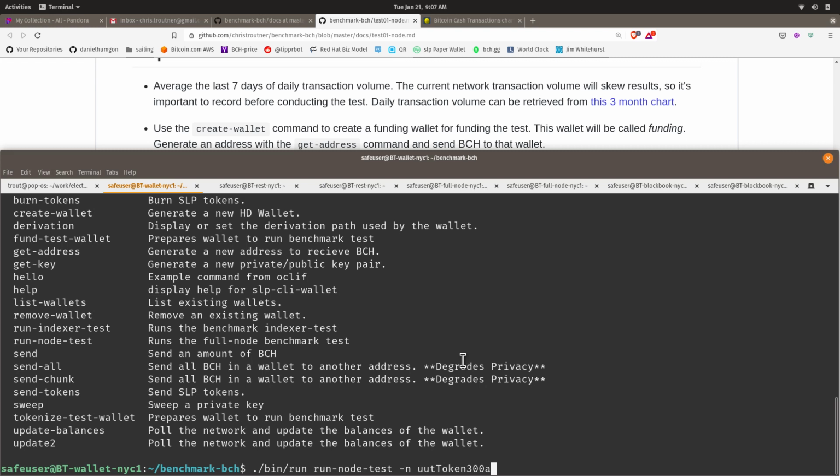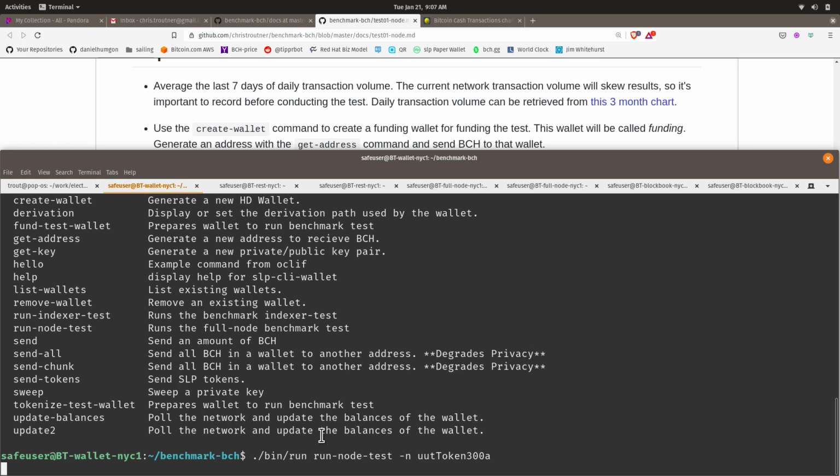While it's running, we'll be able to look at Glances and the logs, make sure everything's working properly, and see how it stresses the system. Right now it's calculating the addresses, and then it will enter a loop where it spends 1 UTXO per second.